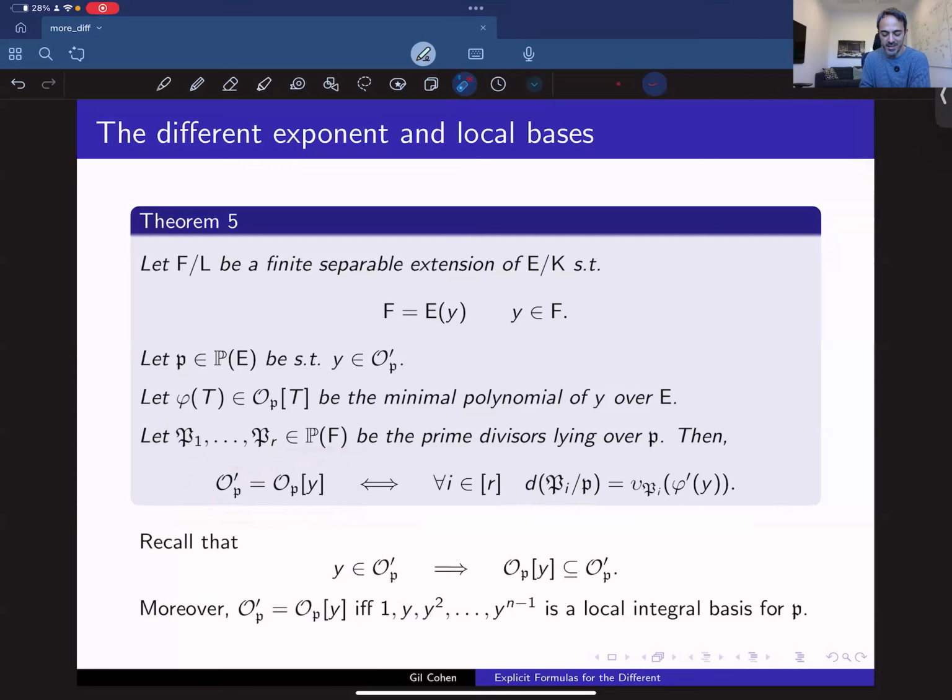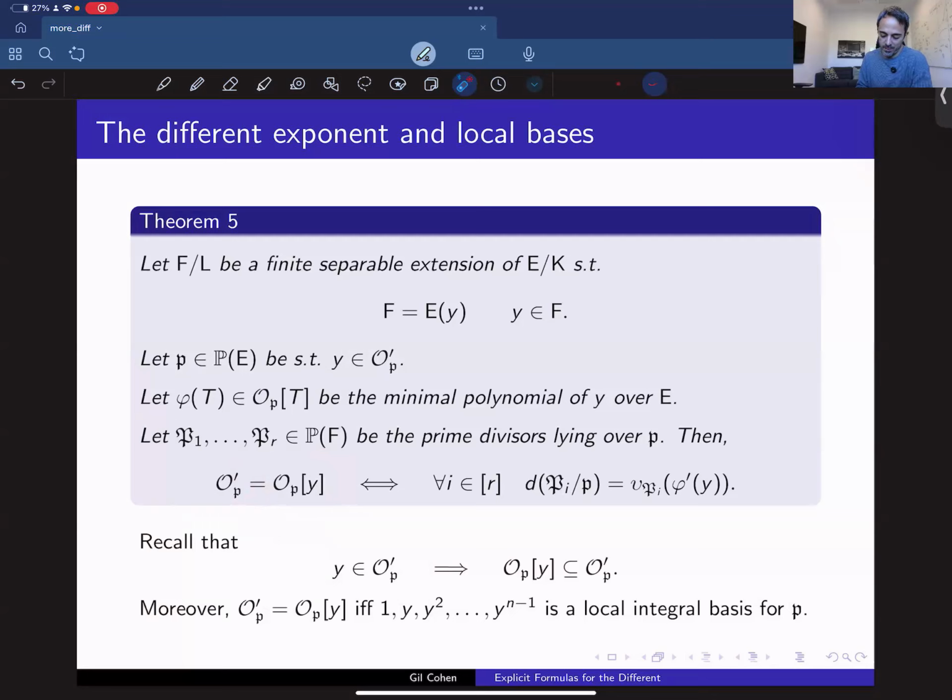So what I'm saying here, and I explain it, is that OP prime is the same thing as this ring, the subring of it when y is in OP prime. And I claim this is the same thing as saying local integral basis. Indeed, if y is in OP prime, which is our assumption all the time here, then of course this is a subring of that.